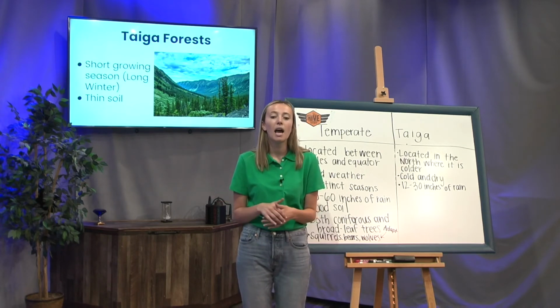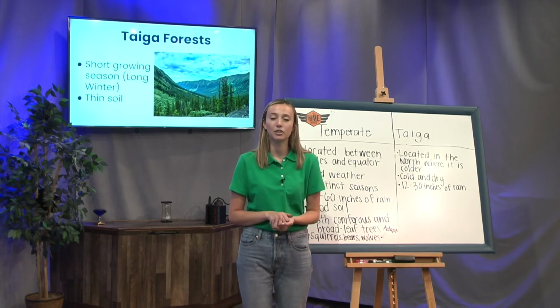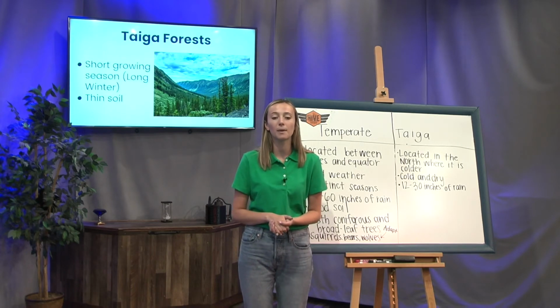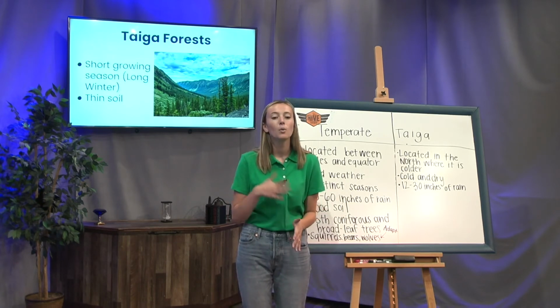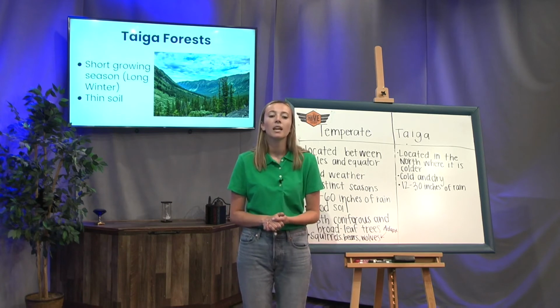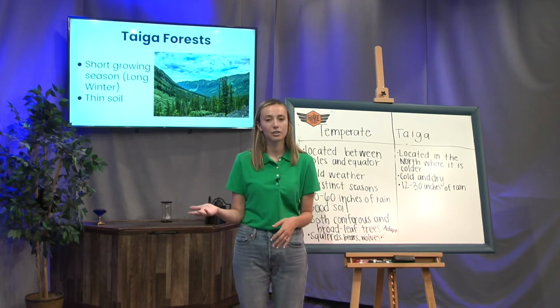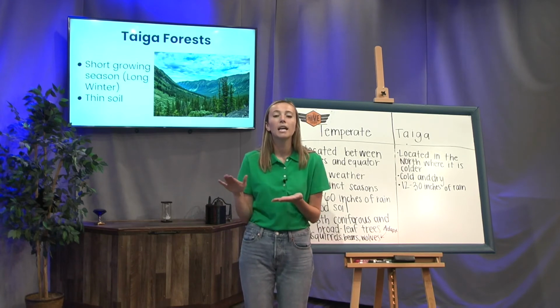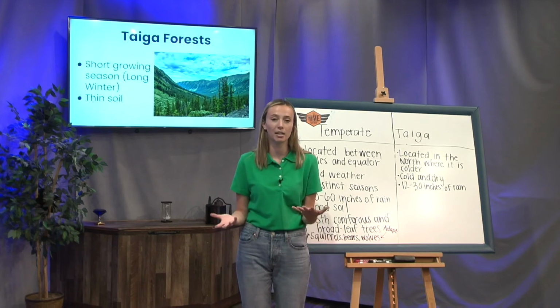I've put a picture up of a time where it is the growing season, but as you can see, what type of trees do we have? Coniferous trees. And we'll talk about that later when we talk about the plants, but just know that we don't have a very long growing season because we have a very long winter. The soil is very, very thin. Because you have coniferous trees, you don't have these broad leaf trees that drop their leaves and the leaves rot and make the soil better.